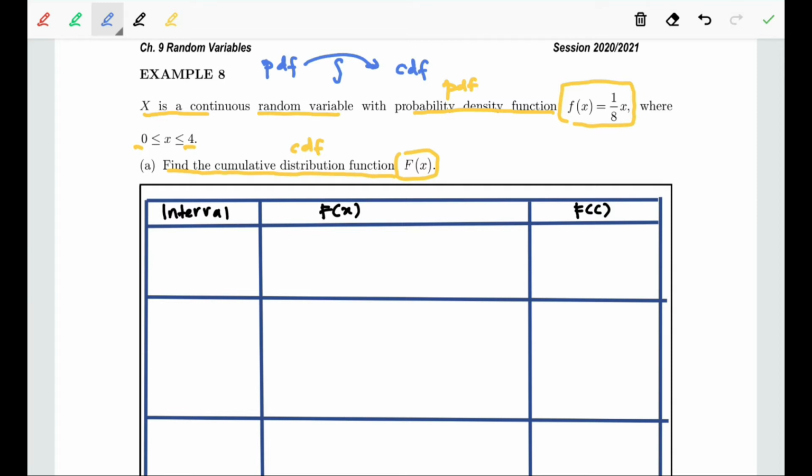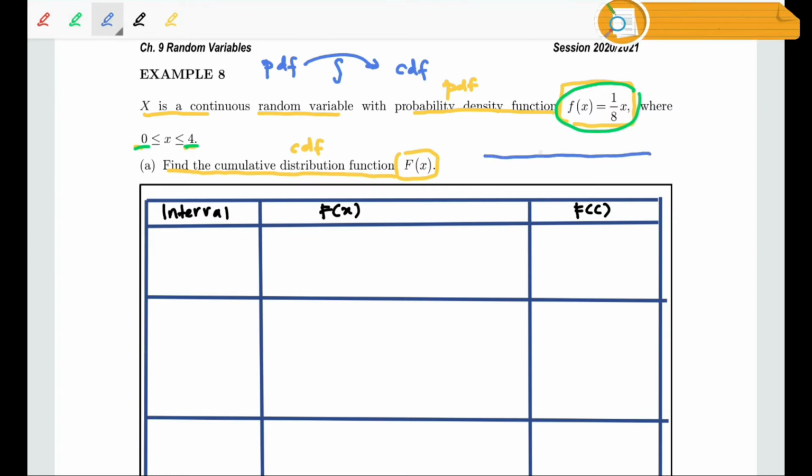Okay, so before that, we are going to identify how many intervals we have to form in order to find the CDF. So how are we going to do that? Okay, back to the question. Since the question only gives you one non-zero function with the limit from 0 until 4, if we write it in this interval form, from 0 until 4 is the non-zero function, and the other intervals are for the zero function.